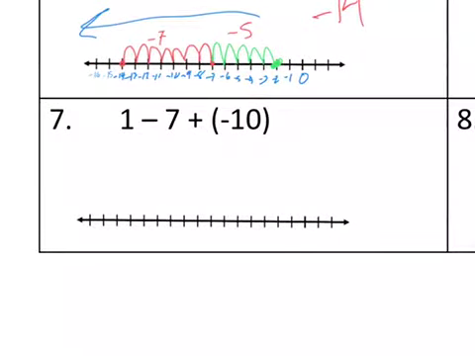Look at number 7. 1 minus 7 plus negative 10. Alright, we're going to put this one on the number line because we're going below 0. We're going in the negative direction. So I am going to put my 0 about right here.